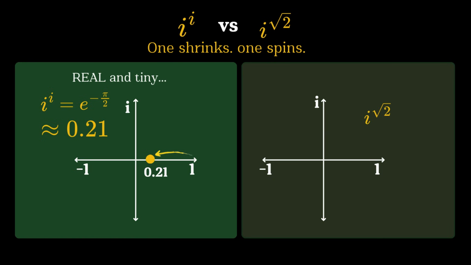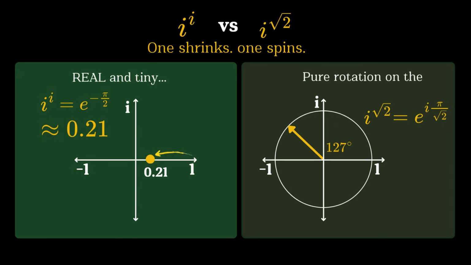Second, i to the square root of 2 equals e to the power i times pi over square root of 2. A point on the unit circle with magnitude 1 and an irrational angle of about 127 degrees. This one is a pure spin, no shrinking or stretching, just rotation. Same base i, two different types of exponents. One collapses onto the real line, the other keeps spinning around the circle.